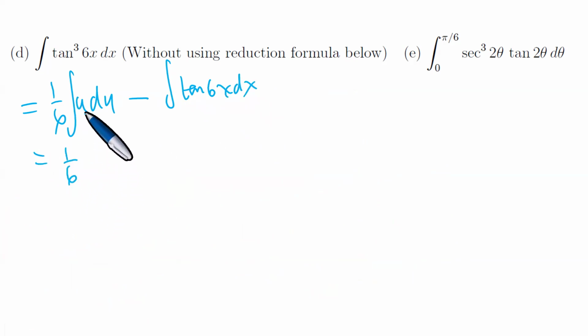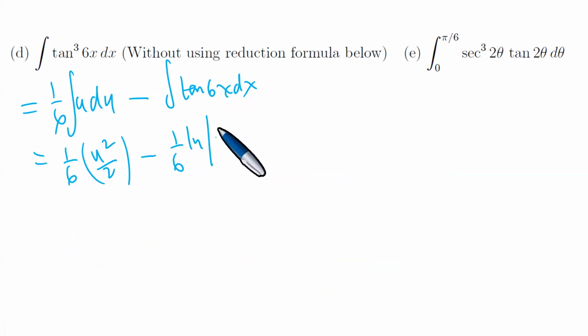The integral of this one is u squared over 2, minus the integral of the tangent, which would be 1 over 6 the ln of the secant of 6x plus c. Because the integral of the tangent is the ln, but because of the 6x, you put 1 over 6.